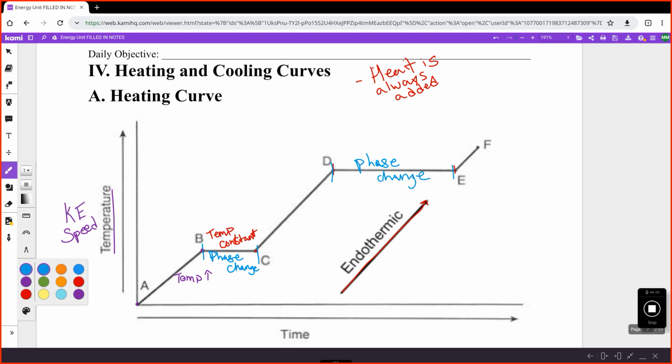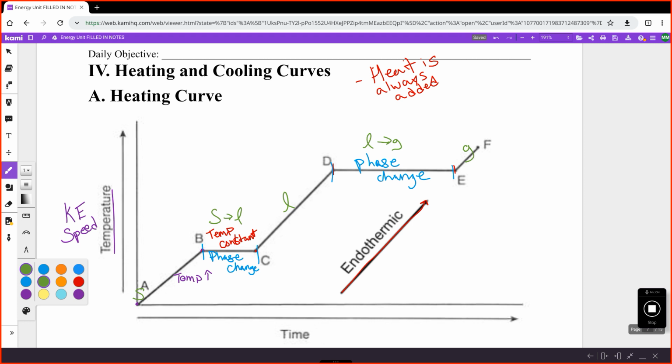Because what we're doing is we're heating up a substance as if it was starting with a solid, changing from a solid to a liquid in this phase change, raising the temperature of a liquid from C to D, then slowly turning that liquid into a gas here from D to E, and then E to F would be the heating of the gas.